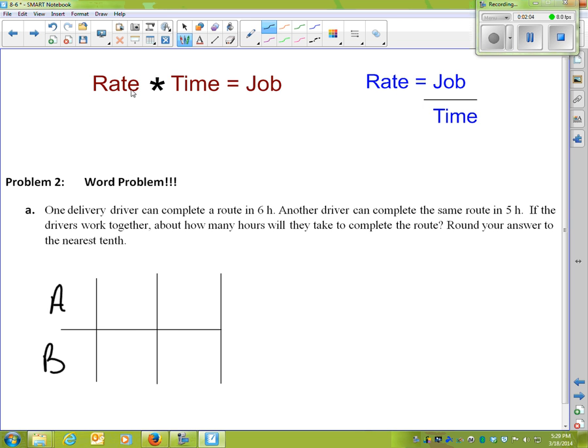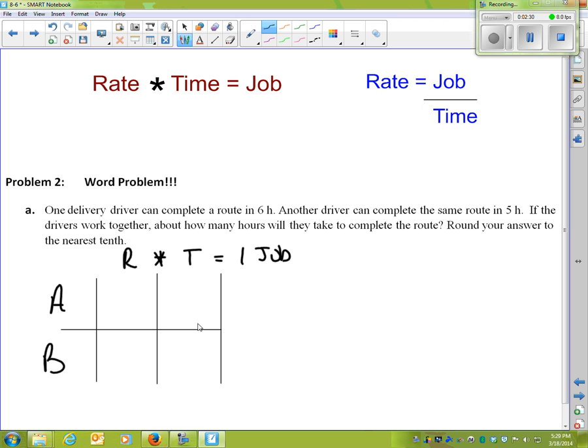And I'm going to use my top equation here because ultimately I want to know like they're doing a job. So I've got the rate that they're working, the time that they're going to do it is going to give me a total job. 1 job.